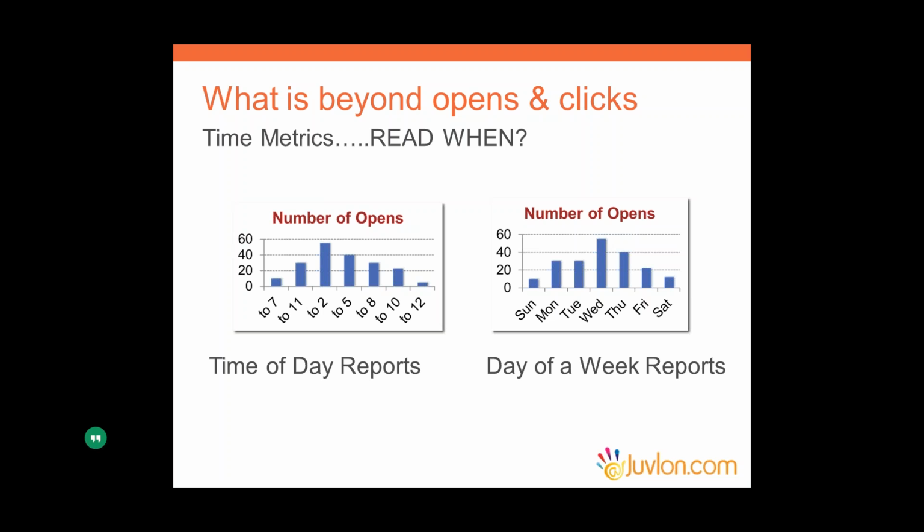That's where I feel webinar invitations gain more attention and people are keen on registering. So I make it a point to send at least the first invitation on Friday. It's really important to understand time metrics.